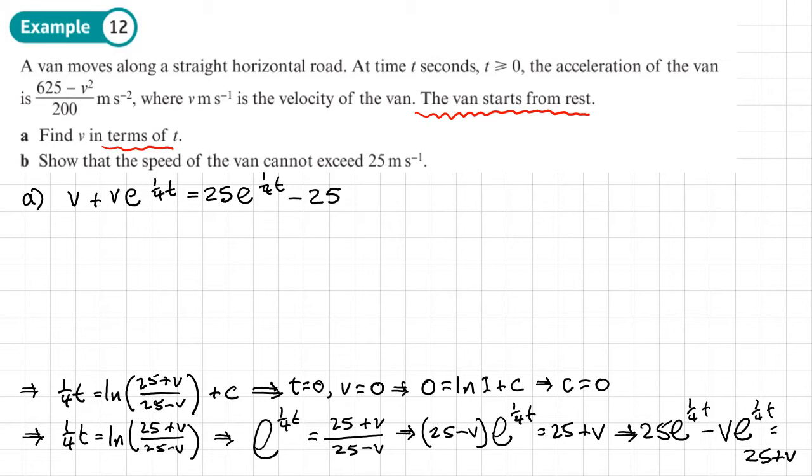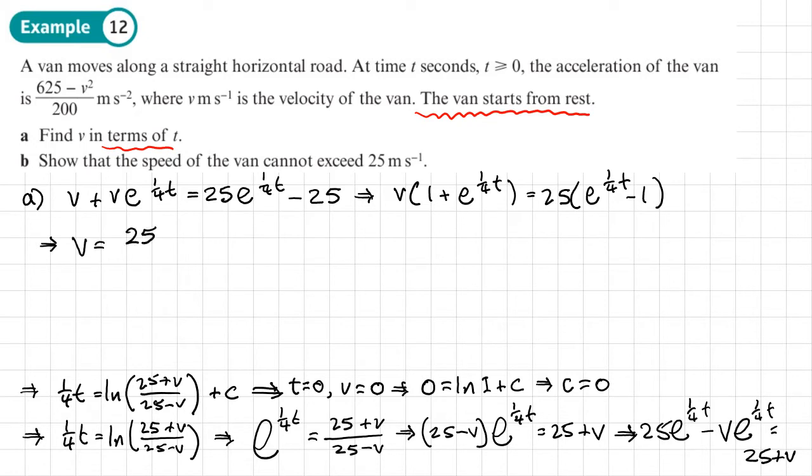Bring that over. Then factorising both sides, we have v(1 plus e to a quarter t) is equal to 25(e to the quarter t minus 1), and then that leaves us with v is equal to 25 (e to a quarter t minus 1) over (1 plus e to the quarter t).